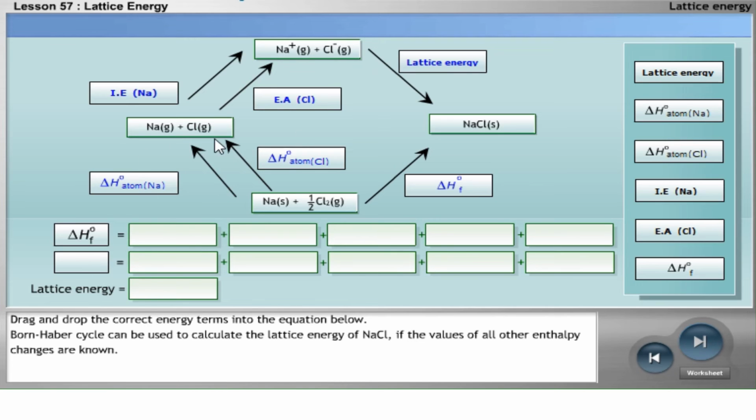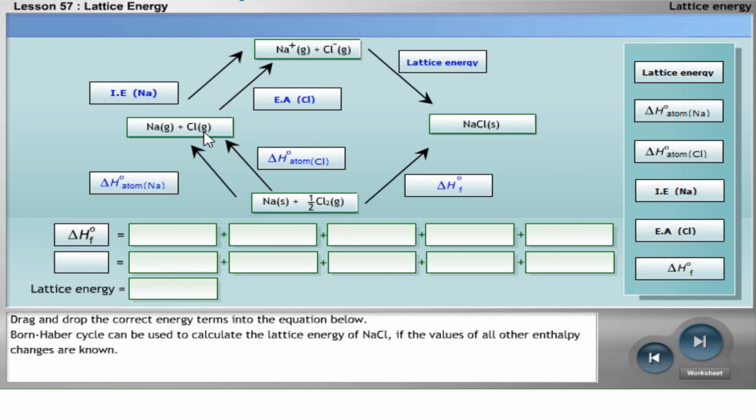Now you can see the complete Born-Haber cycle. From Na solid to Na gas is the enthalpy of atomization of sodium. From Na gas to Na+ gas is the ionization energy of sodium. From Cl2 to Cl gas is atomization of chlorine.